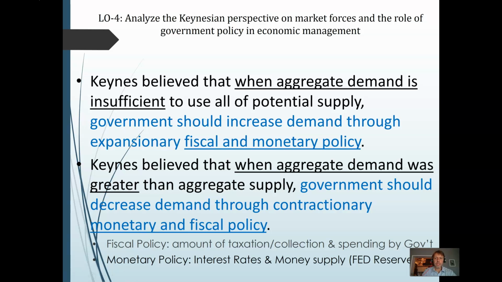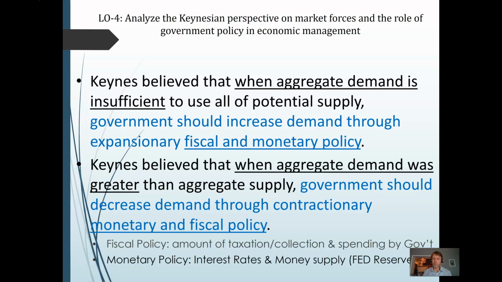He believed that aggregate demand is insufficient if we're not using all of our potential supply. And so government can step in and increase the demand through both fiscal and monetary policy. And you'll see at the bottom, fiscal policy are things like the amount of taxation. Do we make it higher or lower?